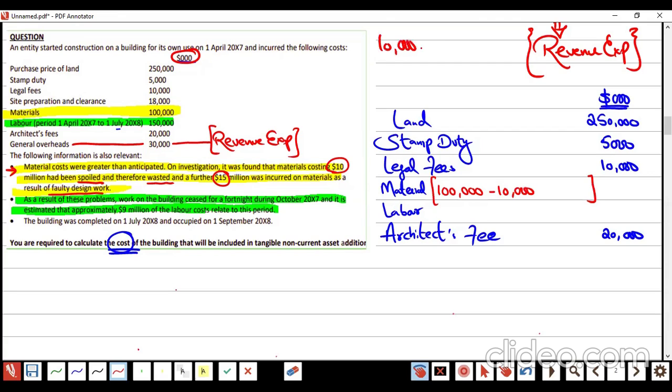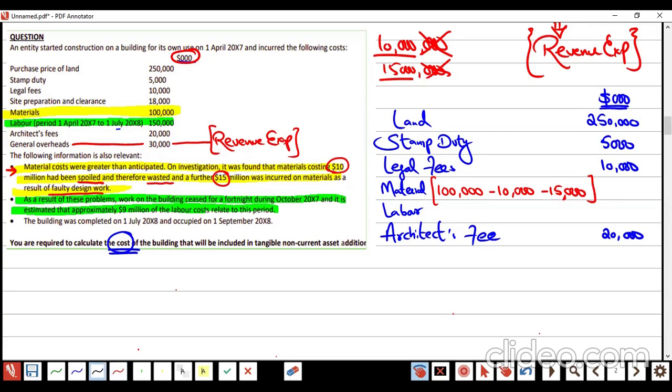Three zeros are hidden, so 10,000. And 15 million, three zeros hidden, means 15,000. Both are because of some problems, right? A problem, drama can never be capitalized.